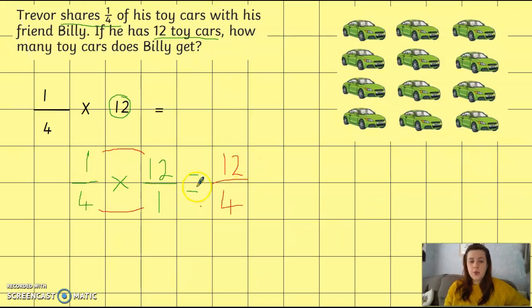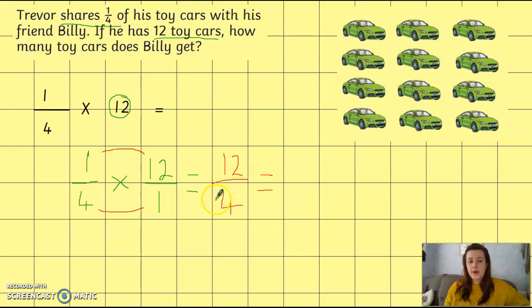Now we know that 12 fours is something called an improper fraction, which we looked at last week when we were adding and subtracting. So to simplify it, to turn it into a proper number, we need to turn this from an improper fraction. And to do that, we need to use our times tables. So we're working with 4s.